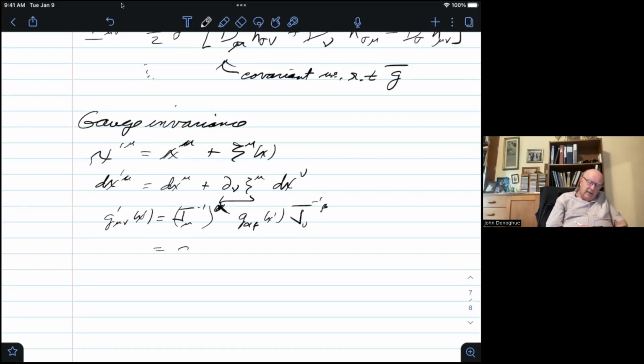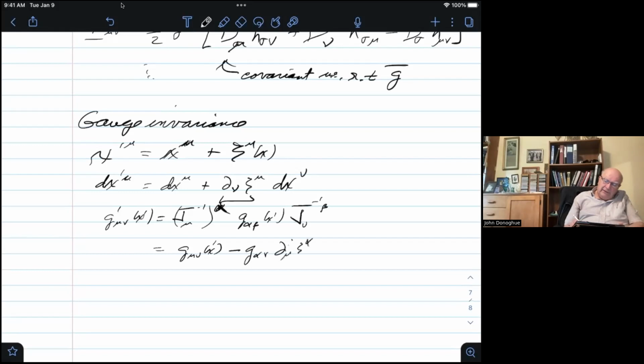This is equal to the G mu nu at X prime minus G alpha nu d mu C alpha minus G beta mu d nu C beta.